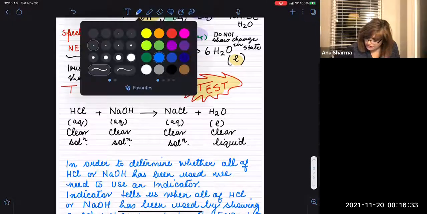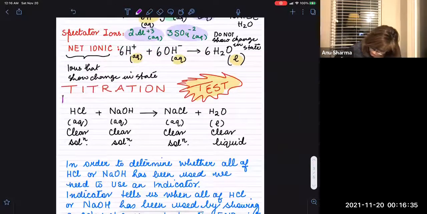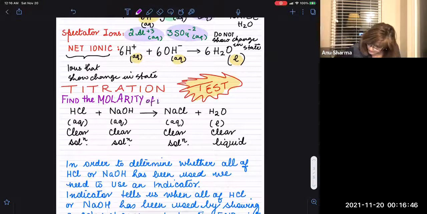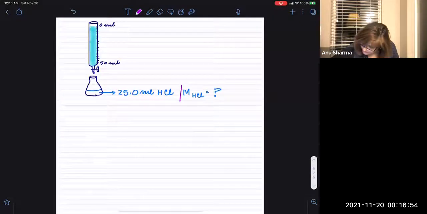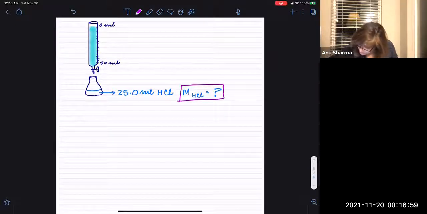It is a technique used to find the molarity of an unknown. It could be an acid or a base, but generally it's the acids we use. So this is your unknown.